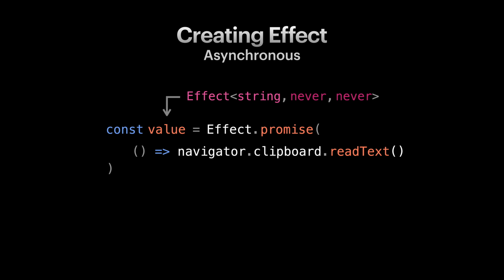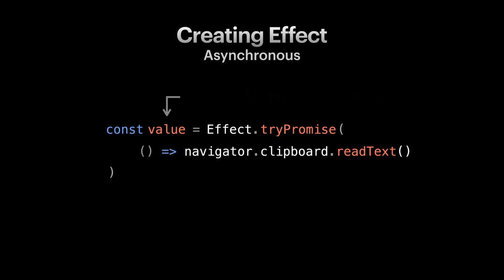But readText can actually reject, and if that happens, we will get into fatal errors. By using tryPromise, we hint to Effect that we may get into a promise rejection. So now the type of our value constant would be Effect of a string and unknown exception.